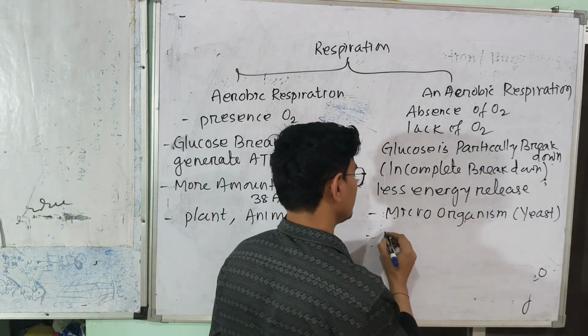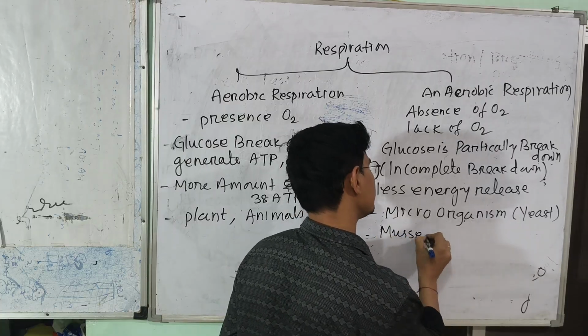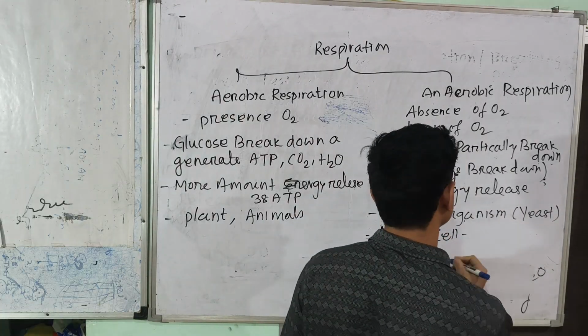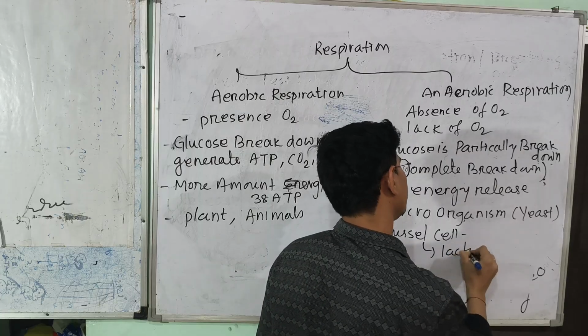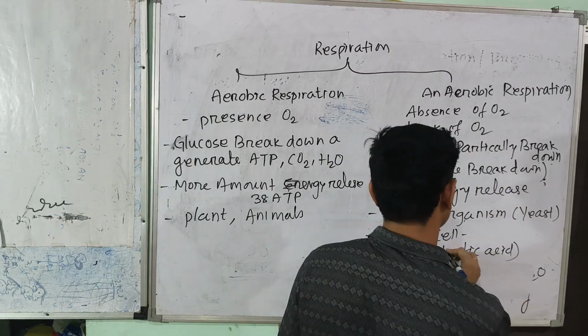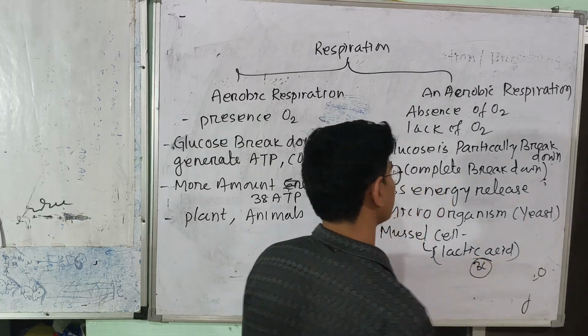Muscle cells generate lactic acid, which has 3 carbons.